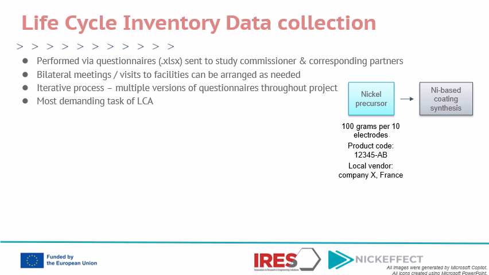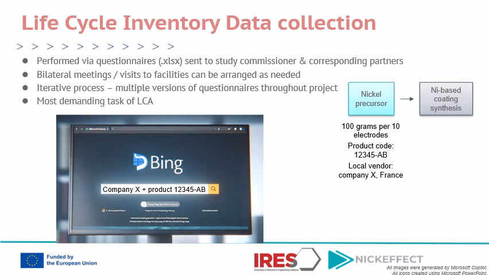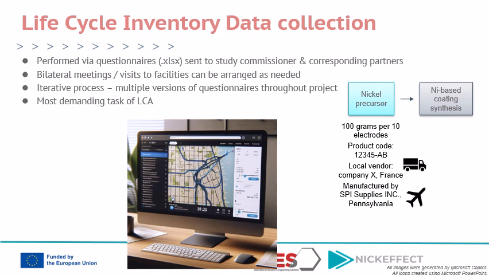We would like to have some information about the product itself that is being used, for example, what is the product code or where is it bought from? When we have this information, then we can do some research by ourselves to figure out, for example, where the product is produced. Then we can take into account properly the impacts of transportation of this input material to the final product being assessed, which is the nickel coating.